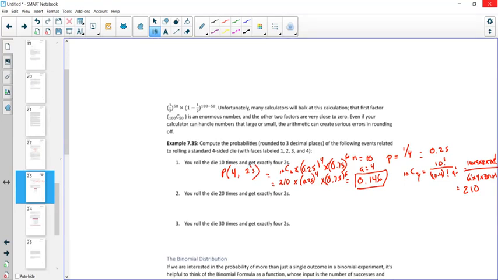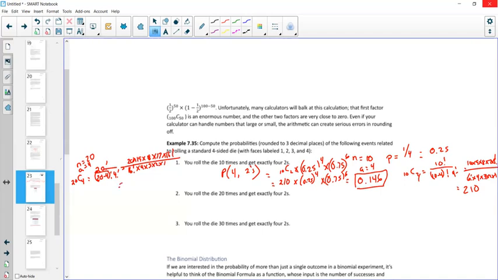Okay, so now we're going to look at 20 times. So now I'm looking at n equals 20, a equals 4. So I have 20C4 is 20 factorial over 20 minus 4 factorial, 4 factorial. It's 20 times 19 times 18 times 17 times 16 factorial over 16 factorial times 4 times 3 times 2 times 1.